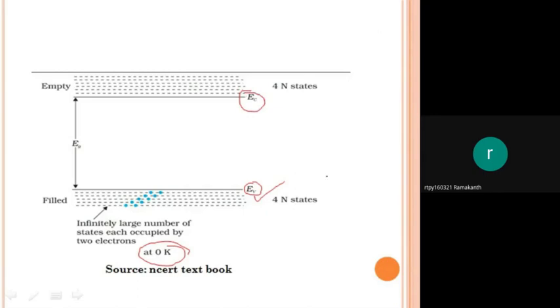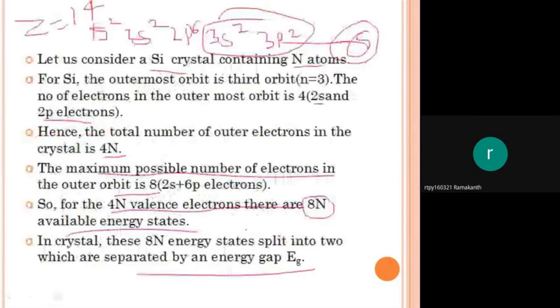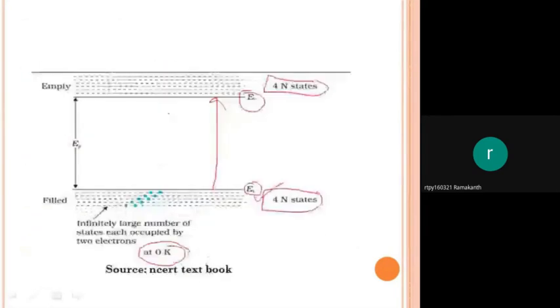Out of 8 energy states, 4 energy states are completely filled and 4 energy states are completely empty, and there is a gap between them called the energy gap. The conduction band is completely empty at absolute 0.